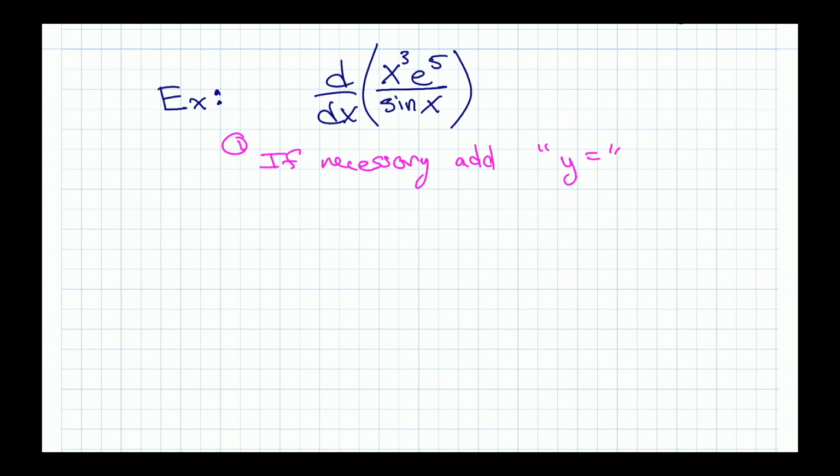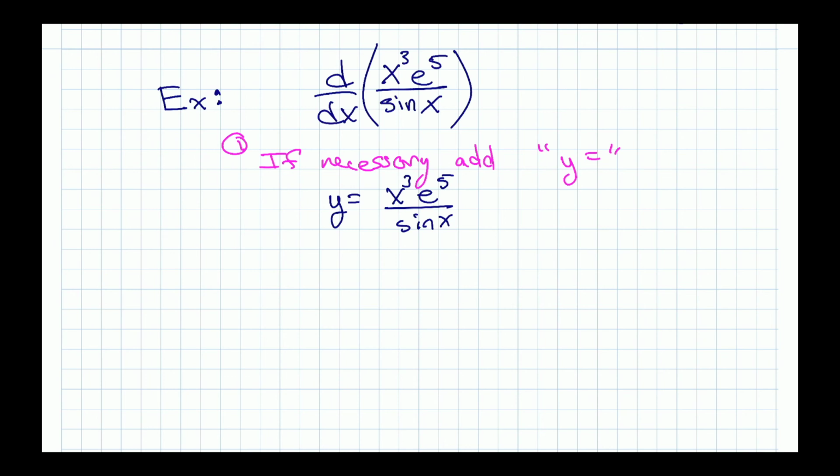And all you're doing there is giving it a name. Now, I don't like using f of x and g of x for those, so I pretty much always do this, and I recommend that you do too. So y equals x cubed e to the 5x over sine x. Okay? So we didn't really change anything. We just added the y equals.